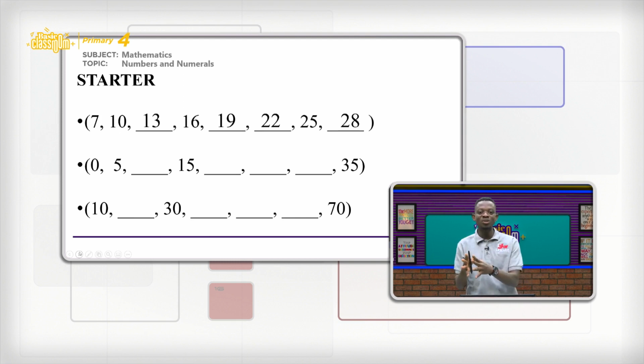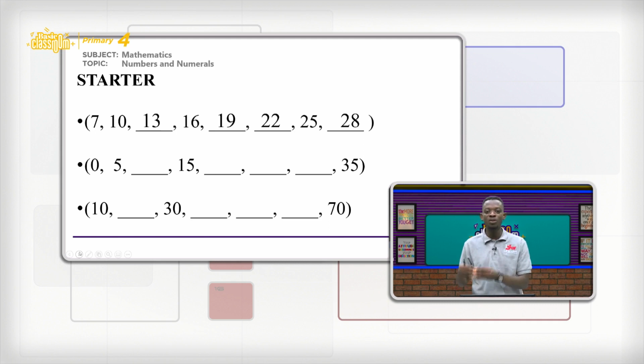So let us use the same clue to find the answer for the second one. We have 0, we have 5, then we have a missing number over there, then we have 15 through up to 35. So what do we put in between the 5 and the 15 and those over there to arrive at 35?